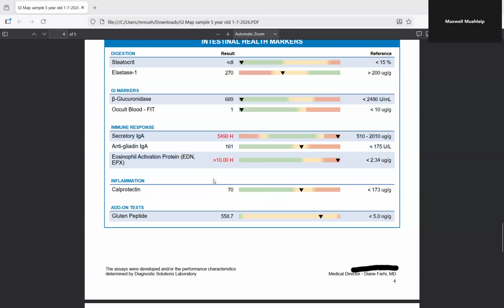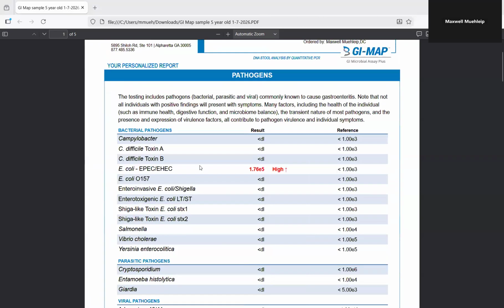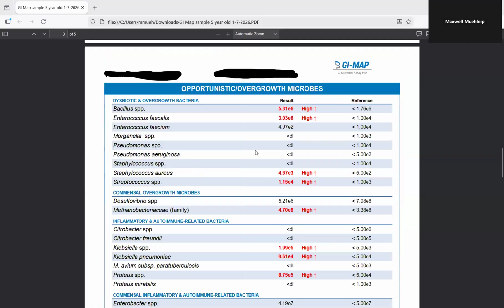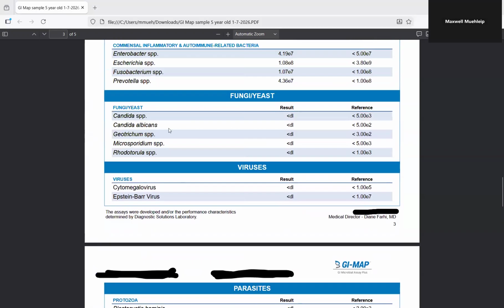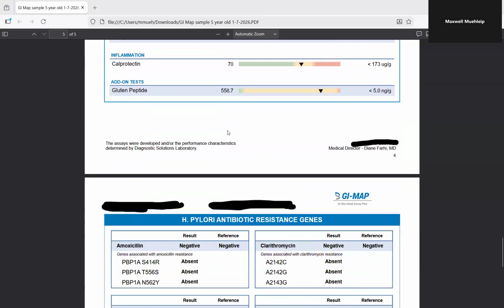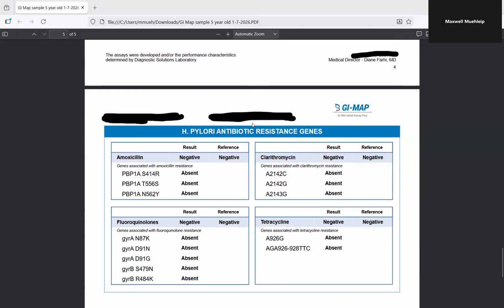So we know she has food poisoning. We know that she has multiple overgrowths, opportunistic things that are associated with inflammation. It seemed like no parasites, no viruses, no fungus, at least not the ones that we checked here. But a few days after this patient submitted this stool sample, the parents reported that she had pinworms in her stool.